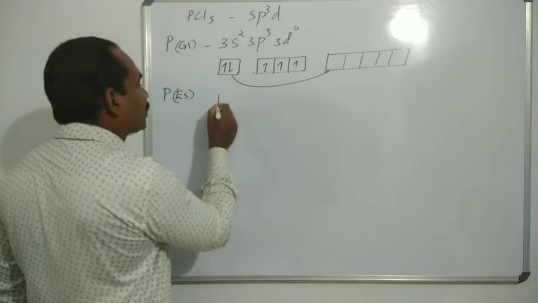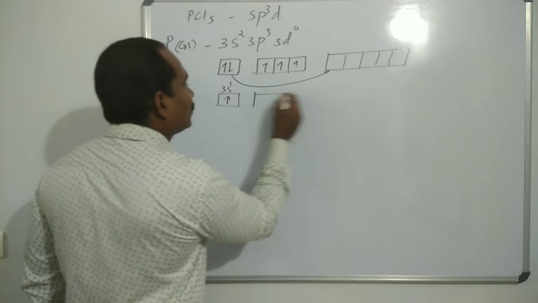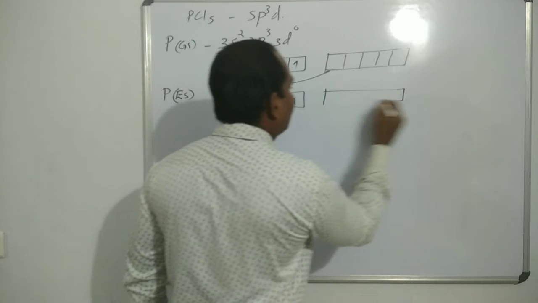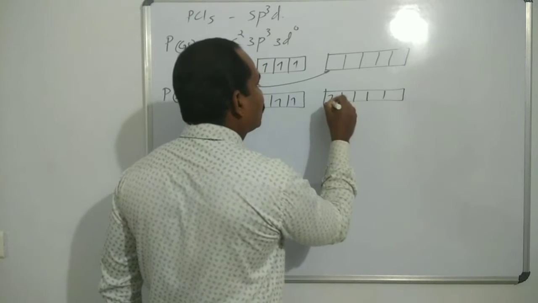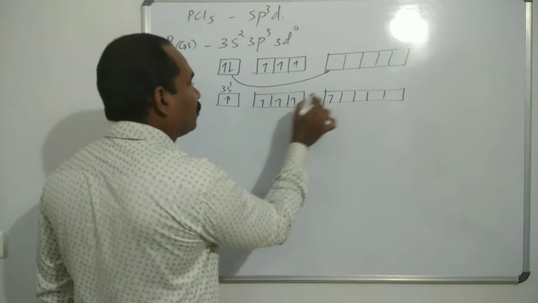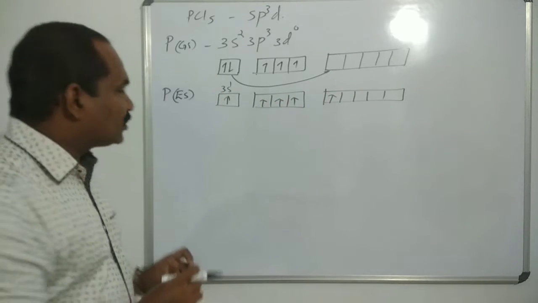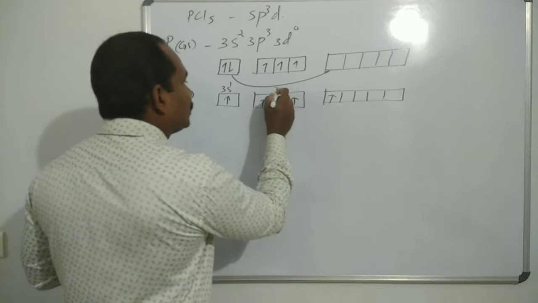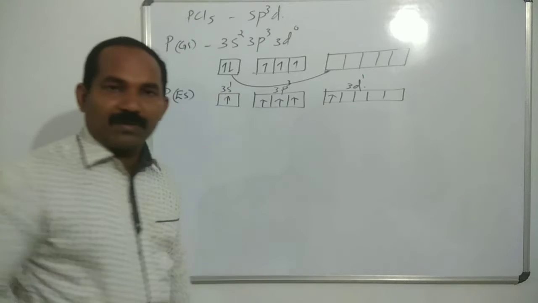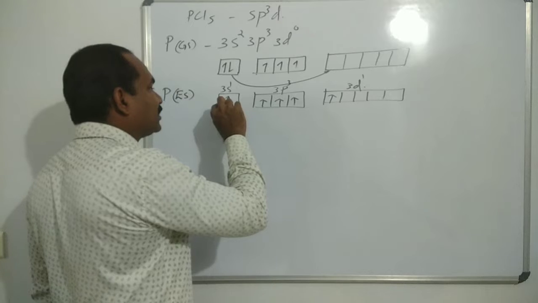Now the electronic configuration of phosphorus is 3s1, 3p3 and 3d1. So 1, 2, 3, 4, 5, five electrons. The 5 electrons are distributed in the 3s, 3p and 3d orbitals. Are you clear?